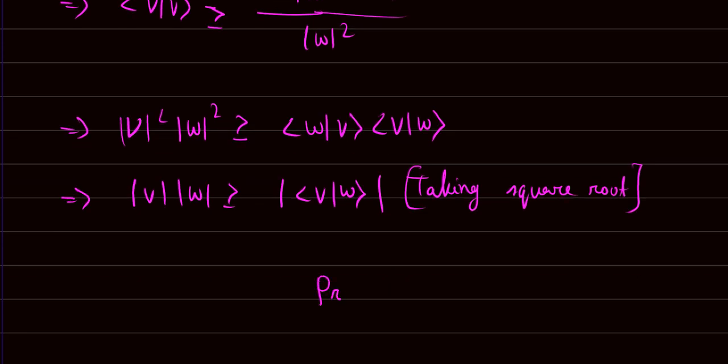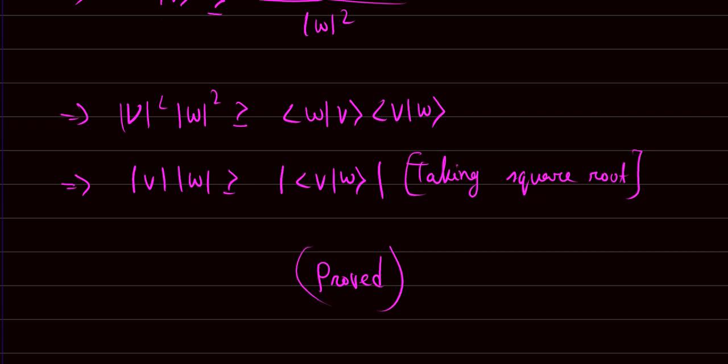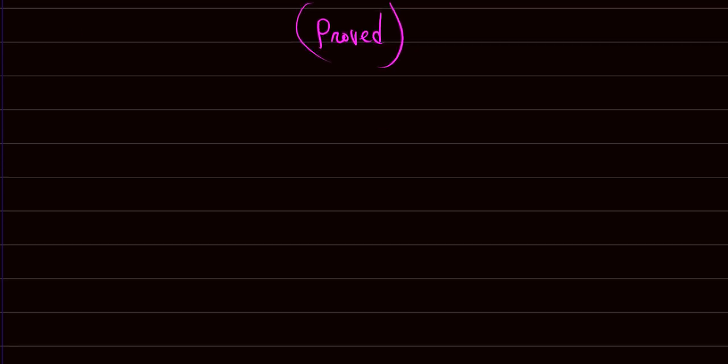This is our proof of Schwarz inequality. And the last one, another theorem, theorem 6. This is also very important. We will use it later in this course. Theorem 6 is called triangle inequality.